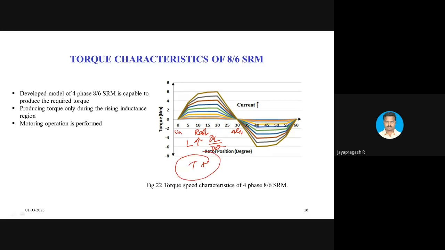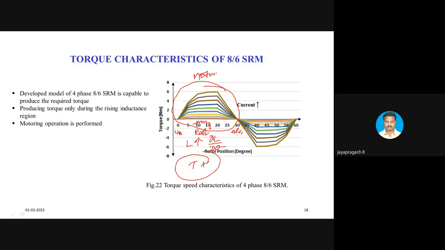So you have to capture the region at which the rotor moves from unaligned to aligned position, and if you excite the power electronic devices in the converter, you can produce positive torque. This corresponds to the motoring mode of operation.